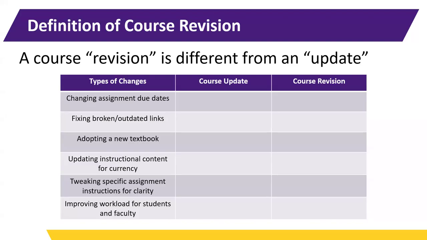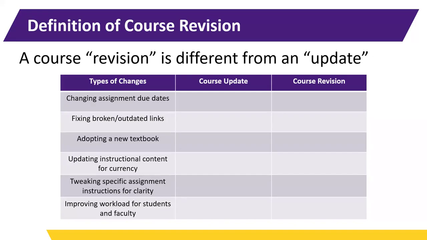To start, we want to define what a course revision is. In our efforts for continuous improvement, we're always looking to find ways to improve or tweak our course offerings. As we know, some changes can be minor, while other changes require more effort and a more targeted approach to see fruition. Conducting what we call a course revision is different from a course update.